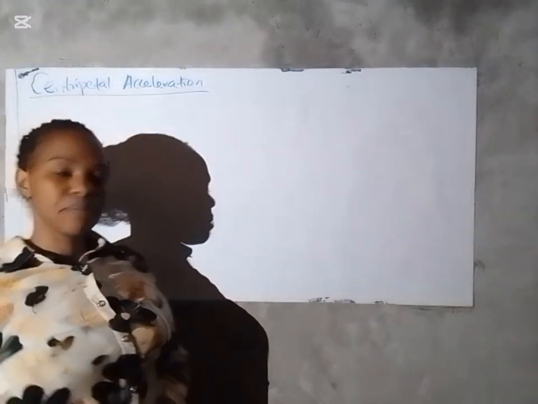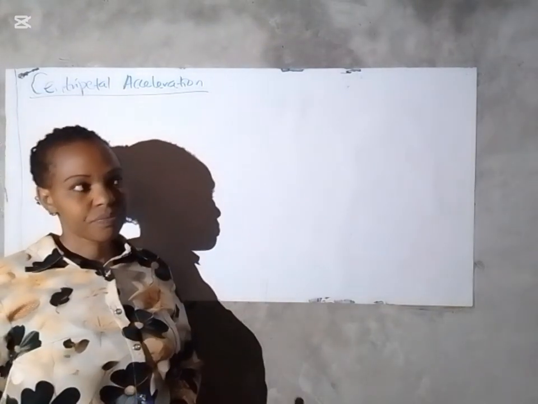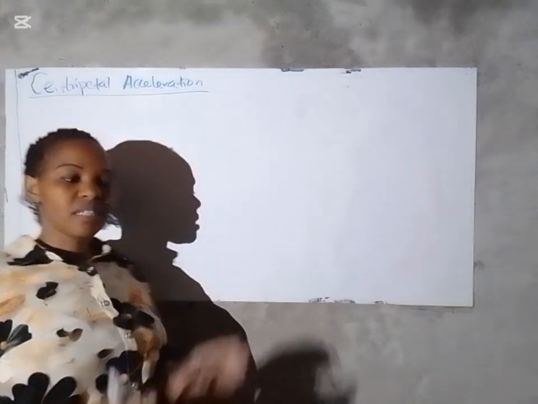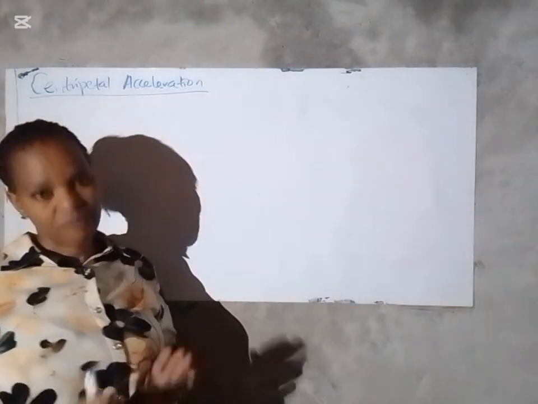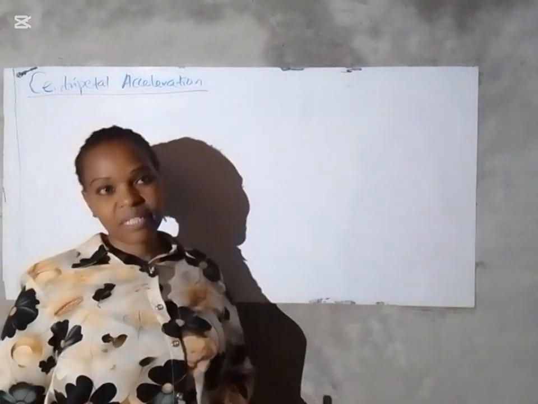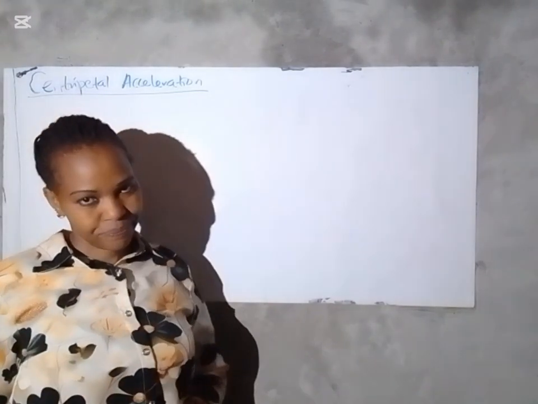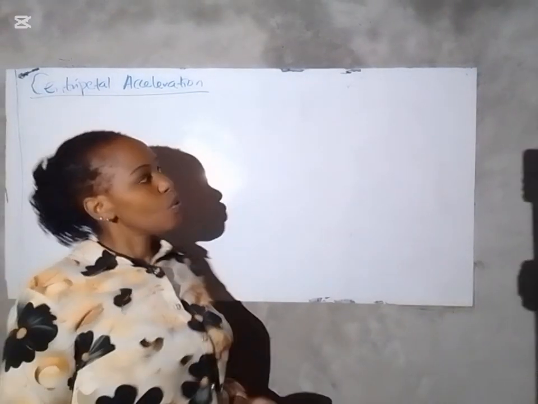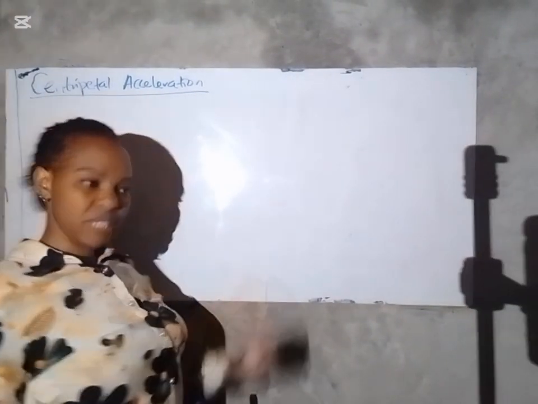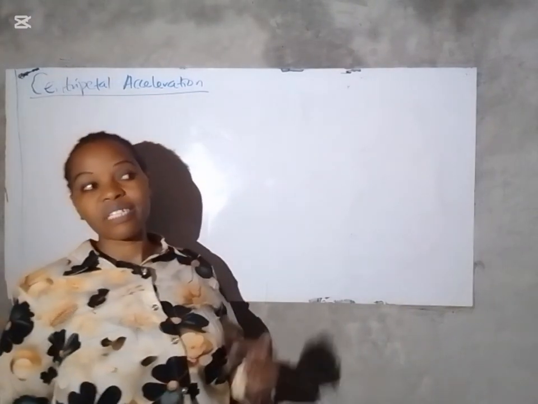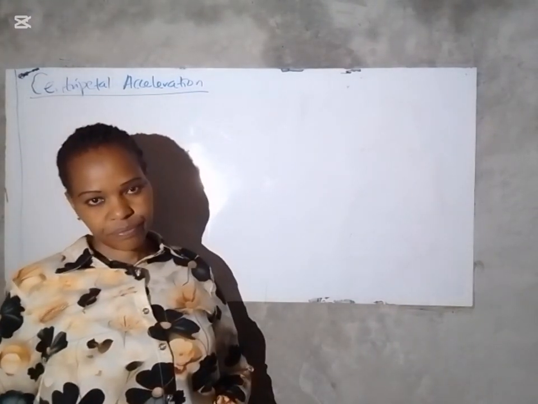Now, anytime we talk about acceleration, it means that first there is a velocity, and for the acceleration to come in, this velocity must be increasing with time. When the velocity is increasing with time, a body is accelerating.